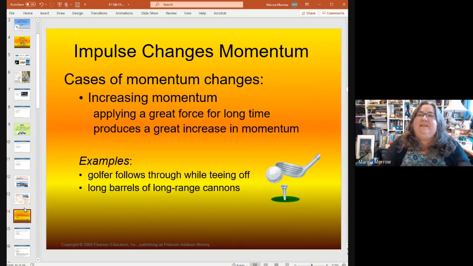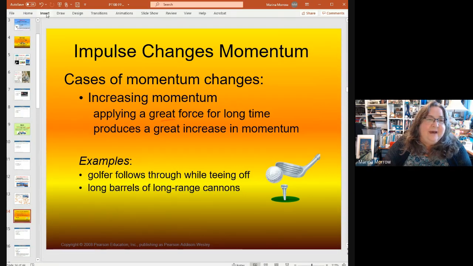Okay, so these equations you can use to find out the changes in velocity by knowing how much force was applied and for how long. Okay, now impulse does change momentums. And so here are just some examples of increasing a momentum. And of course, you apply that force for a long time.